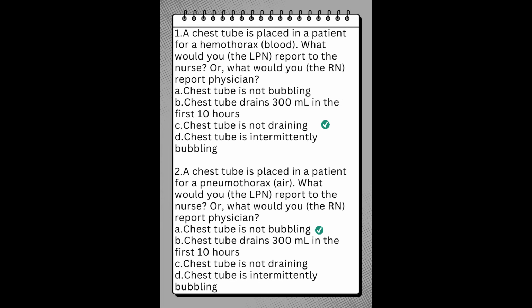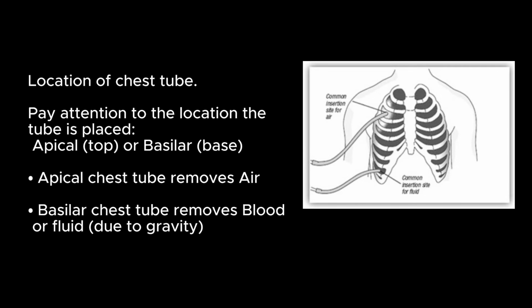Now, before we move on to the other question, I want us to divert and look at what I refer to as location of chest tube. When I say location of chest tube, we are talking about which part of the lung the chest tube is inserted in. Of course, you know the lung has an apex above and a base below.